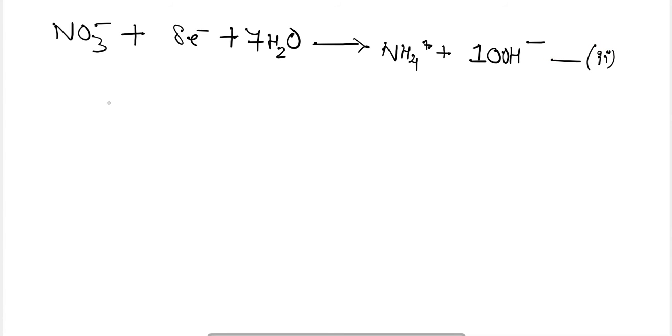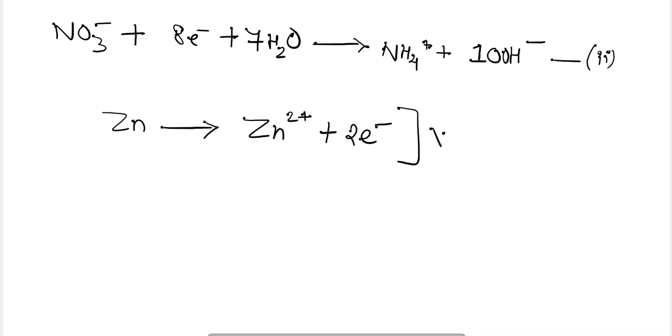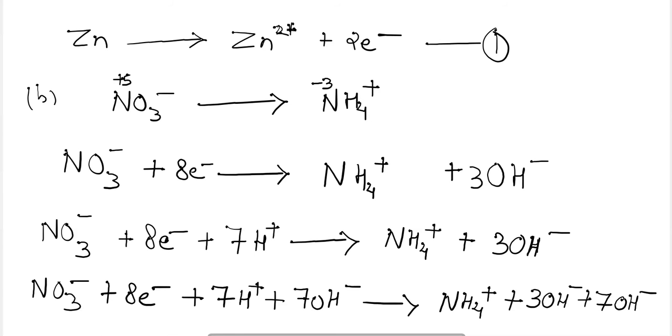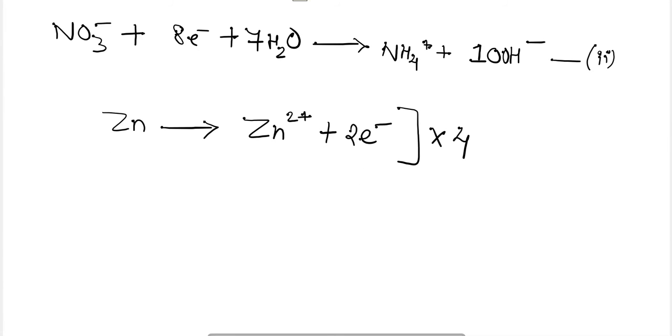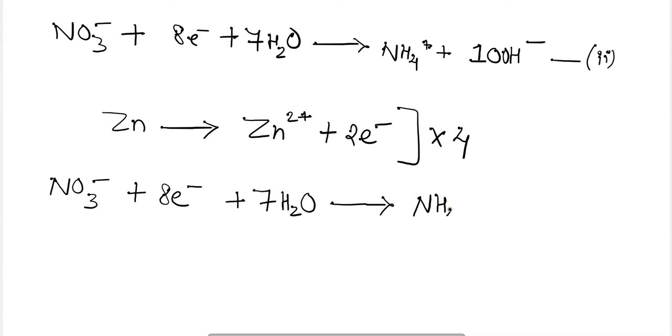Now on adding both the equations, what we will do? We will multiply the first equation by 4 so that the electrons match. So Zn gives Zn2 plus plus 2 electrons, into 4, and here NO3 minus plus 8 electrons plus 7 H2O gives NH4 plus plus 10 OH minus.